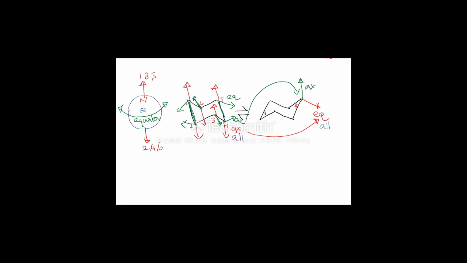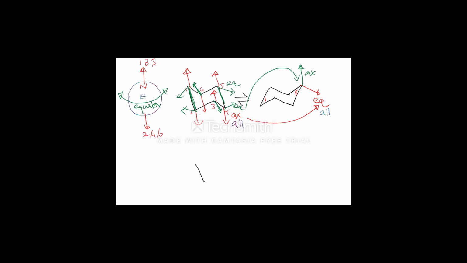Now we can also draw another chair like this, and then do the ring flip. Carbon 1 goes down, fourth carbon goes up after the ring flip. If you start with X and Y groups, each carbon has one axial, one equatorial. X is axial, Y is equatorial.